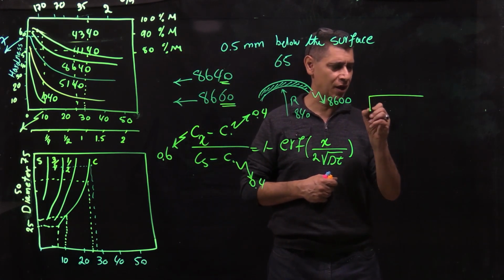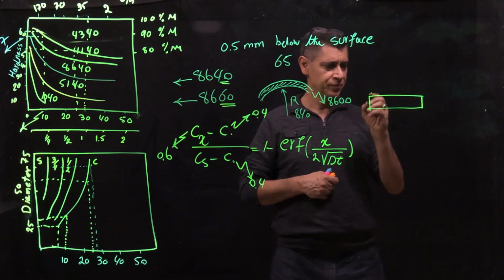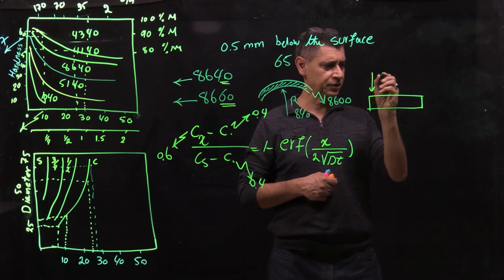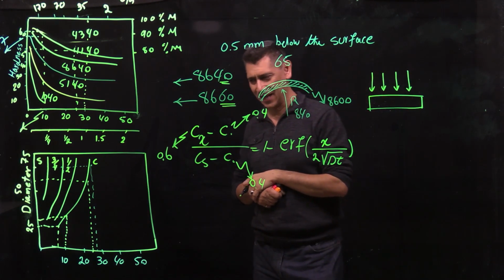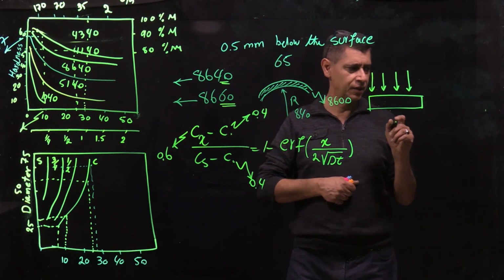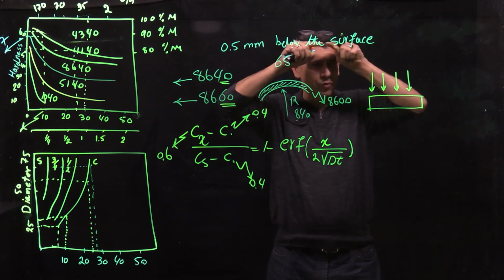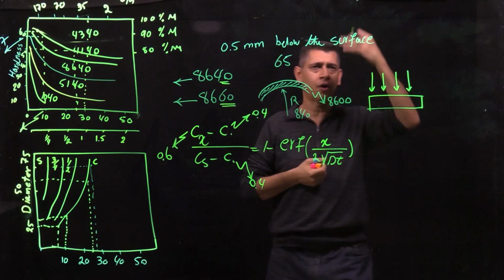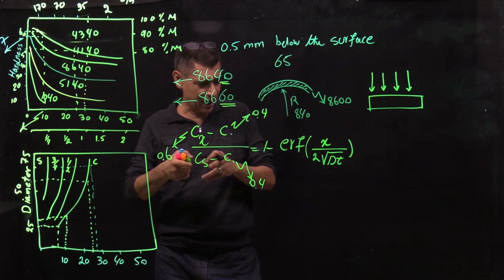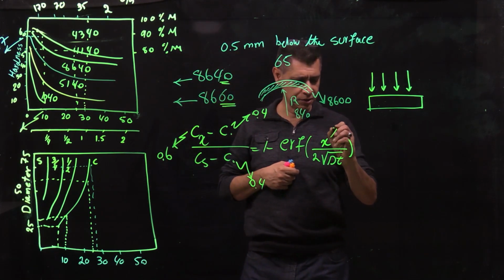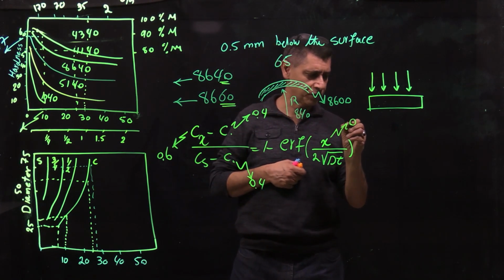Obviously, if this is your alloy and assuming the carbon diffuses in one direction, from this side, and you put it in a hydrogen-rich gas containing carbon, the very top surface has the carbon content of the atmosphere. So therefore, that is what I have to perhaps calculate or find. This is, it says 0.5 millimeter, so x is 0.5.